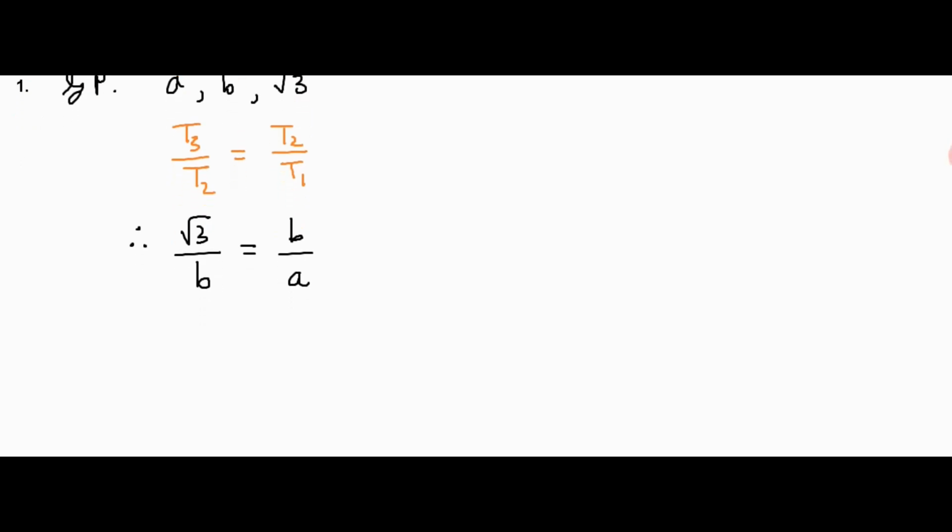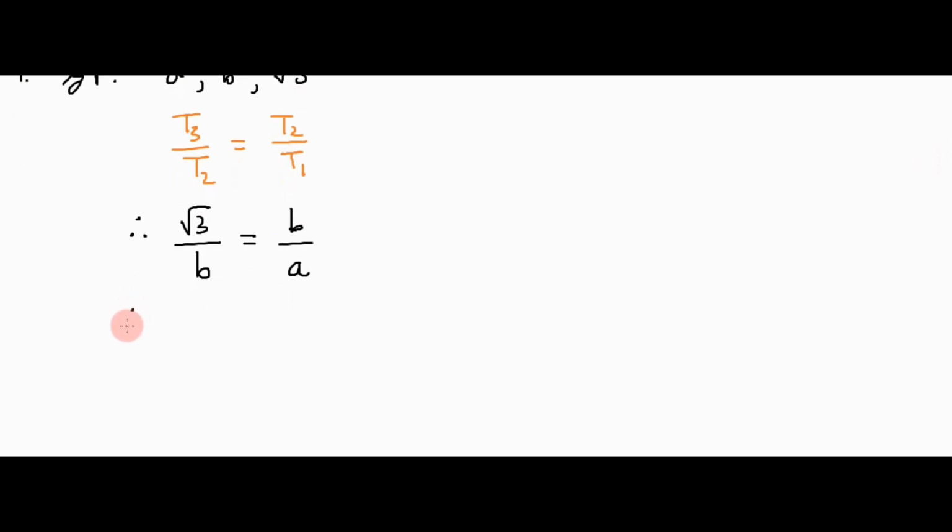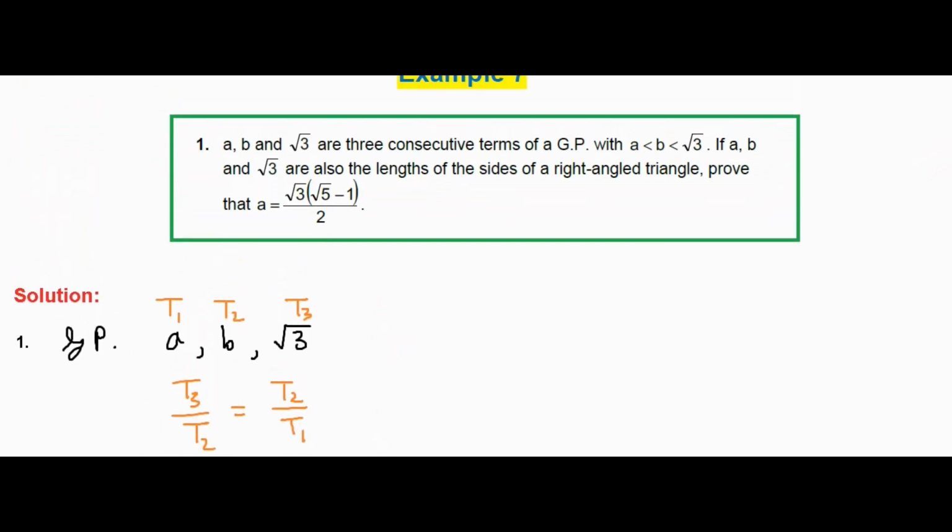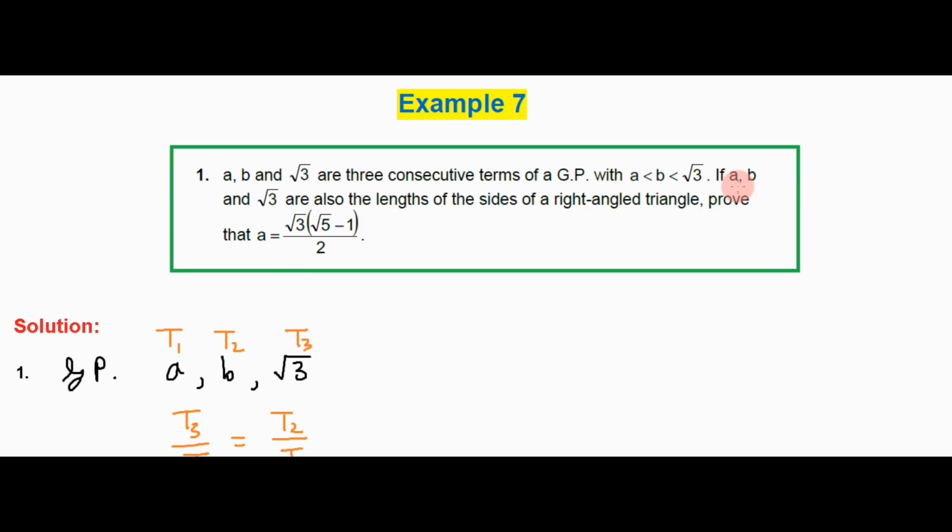We can simplify this equation and cross multiply. So we have the square root of 3 times a, which equals b times b, in other words b squared. I'm going to call this equation 1. Then the second bit of information says a, b and the square root of 3 are also the lengths of the sides of a right angled triangle.